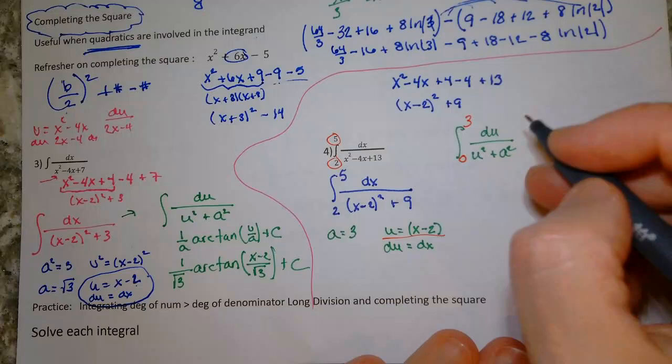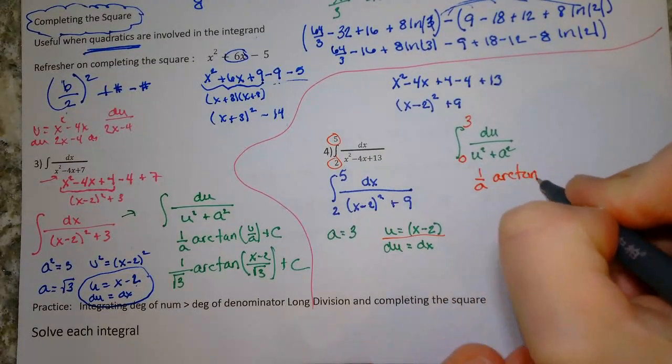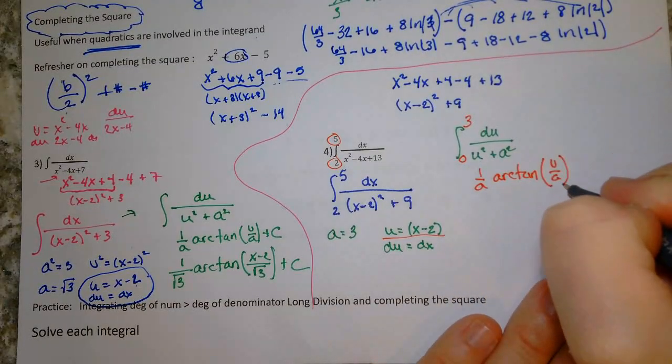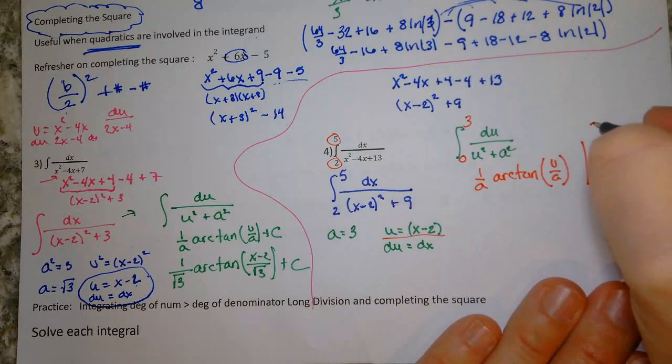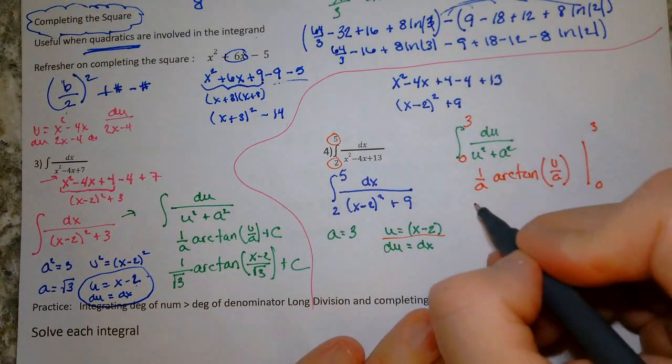Okay, so when I integrate this, I get 1 over a arctan of u over a, and don't say plus c this time, from 0 to 3. Okay, so a is a number, so I'm going to plug that in.